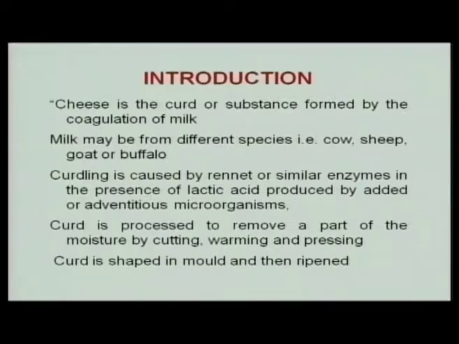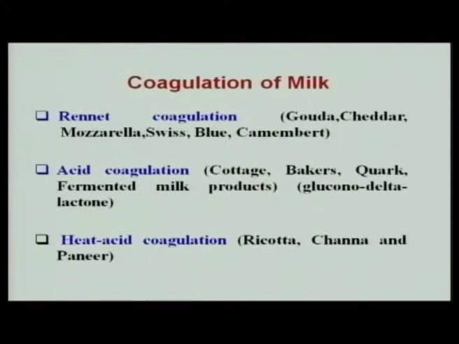Curd is processed to remove a part of the moisture by cutting, warming and pressing. Salting also plays a role in expulsion of whey and also in the inhibition of microorganisms. Curd is finally shaped in a mold and then it is further ripened.